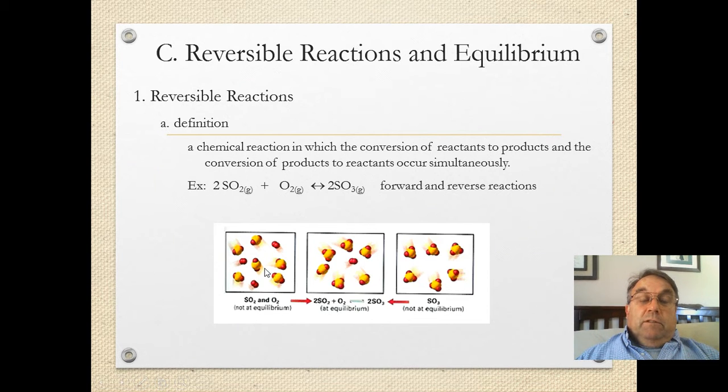So we get the production of products from reactants and the production of reactants from products. And then at this state called equilibrium, there are reactants and products. But as you can see, there are more SO3 molecules than there are O2 and SO2 molecules. So this equilibrium favors the products.